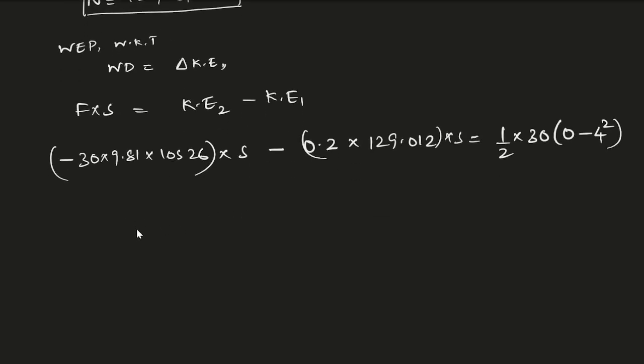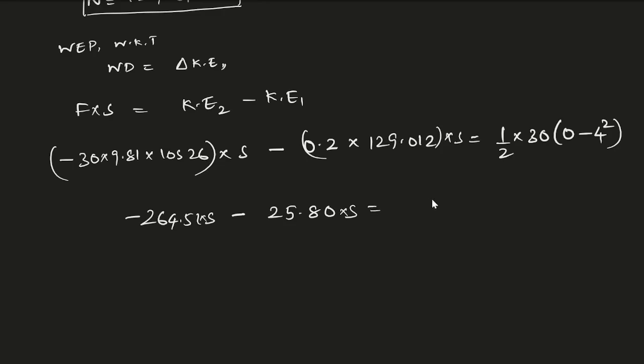So we can use the calculator to get the value of s. It's minus 30 into 9.81 into cos of 26 degree, which is minus 264.51 s, minus 0.2 into 129.012 into s, this gives the value 25.880 s.